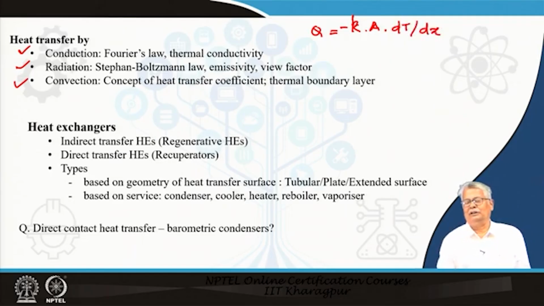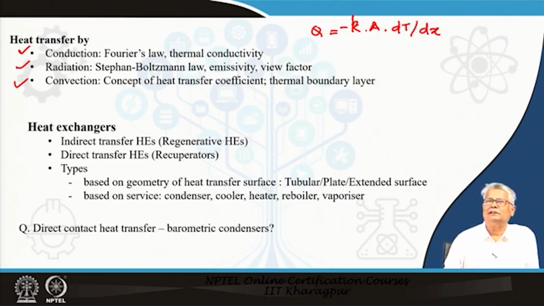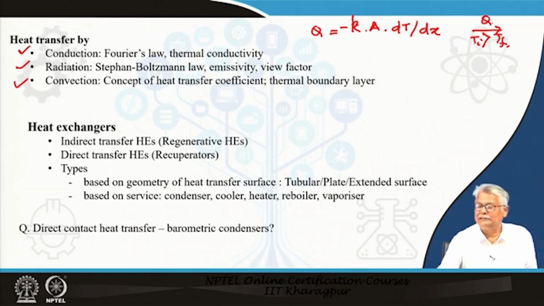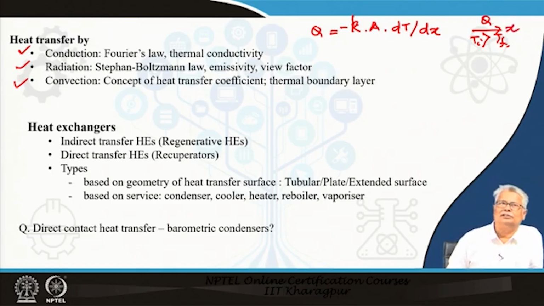The negative sign appears definitely because T decreases along the increasing x. That means my Q goes from the higher temperature to a lower temperature, and this is my direction of Q, and this is definitely my direction of x as well.